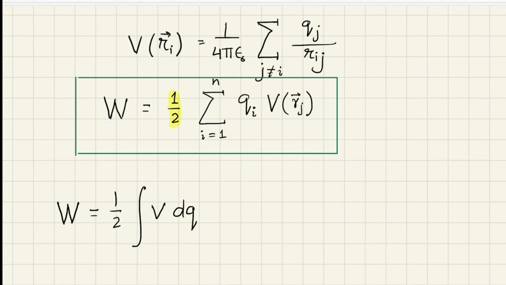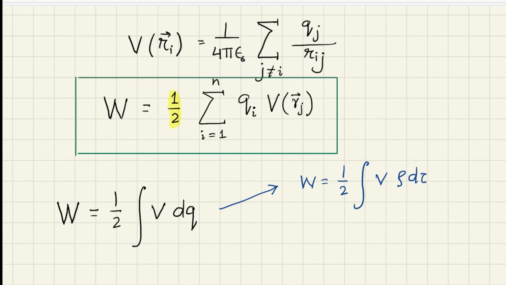Of course, I can have different kinds of charge distribution. For a volume charge distribution, W is equal to half the integral of V rho d tau.